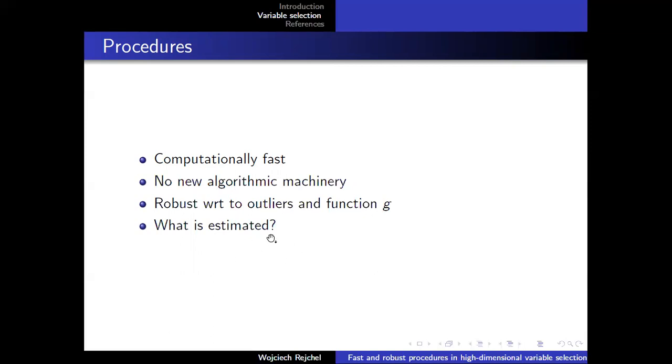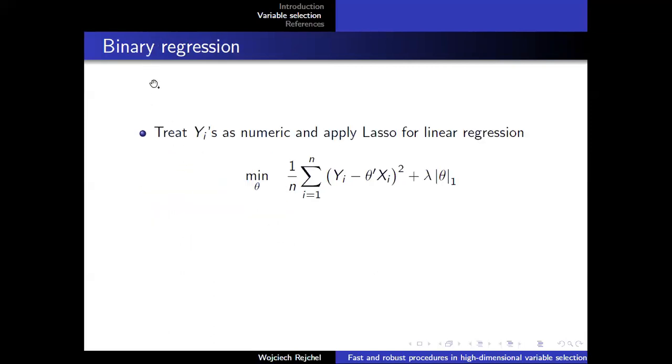We estimate something else. In the case of binary regression, our idea is also very simple. We just treat these 0, 1 labels as numeric and put them into the lasso. Now, this is not a new procedure. It was used in classical statistics.